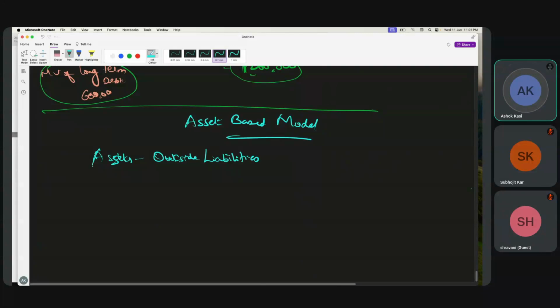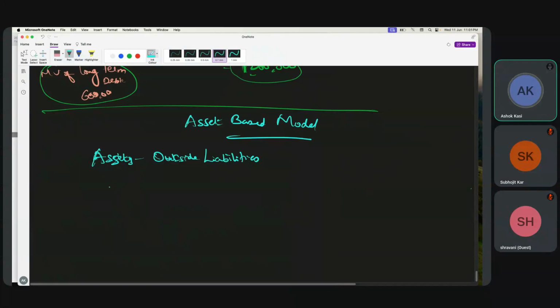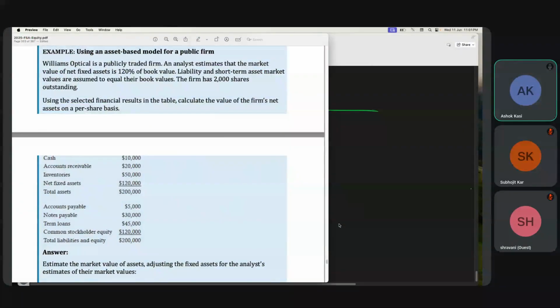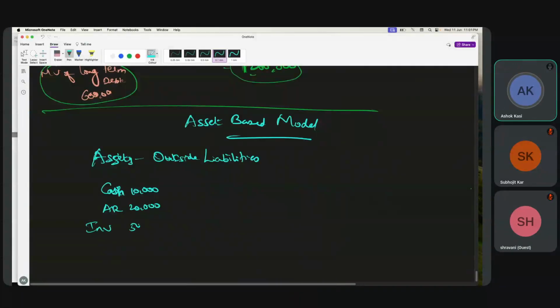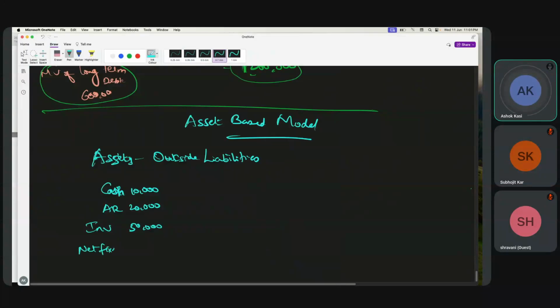Assets: cash 10,000. Accounts receivable 20,000. Inventory 50,000. Net fixed assets 120,000.